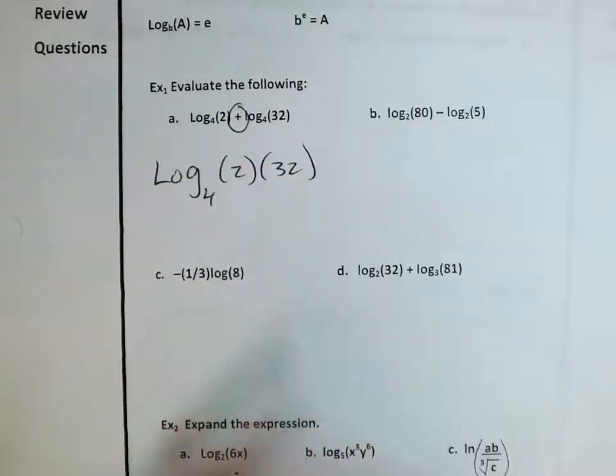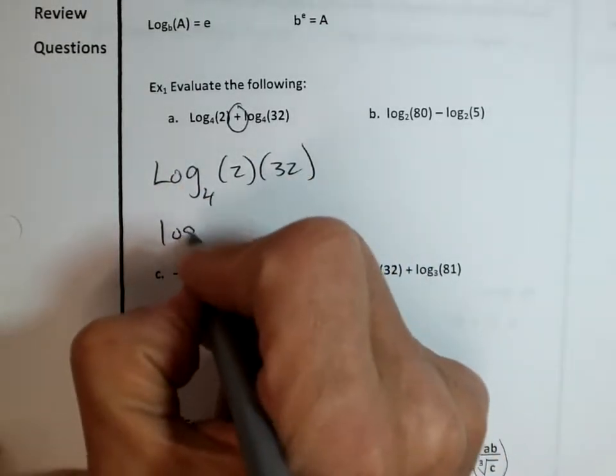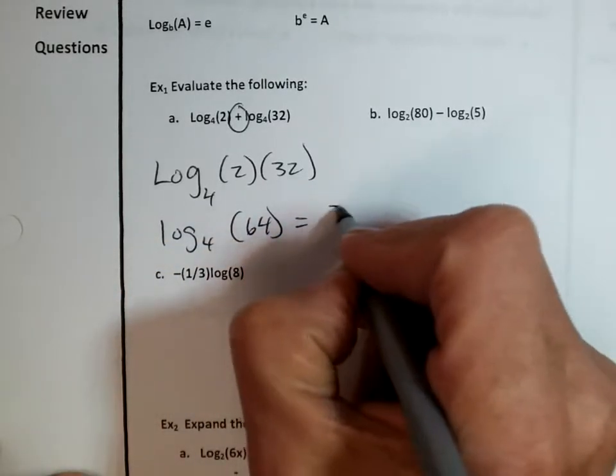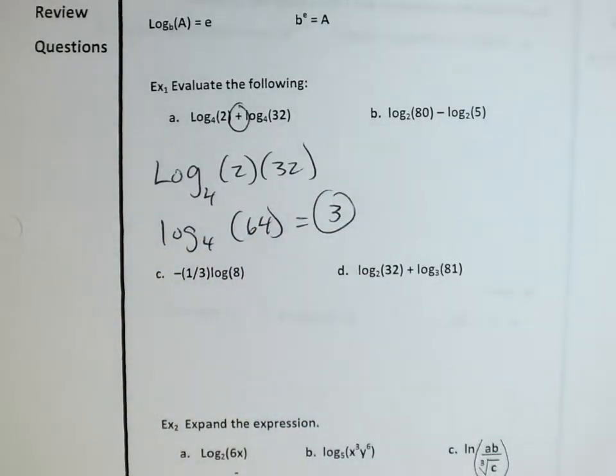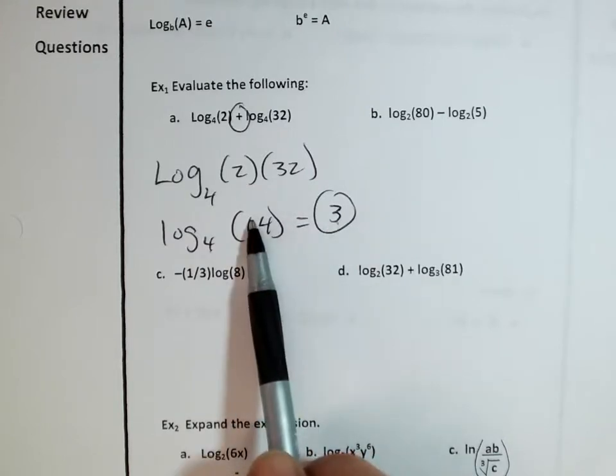If you see the plus, logarithms are exponents, and when you multiply, you're adding exponents. So I can bring it back, and that's the same thing as log base 4 of 64, which is 3, because 4 to the third power equals 64.